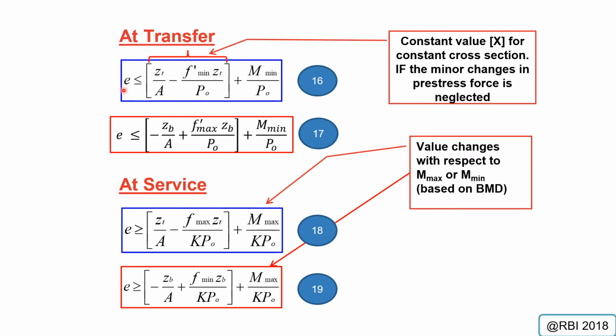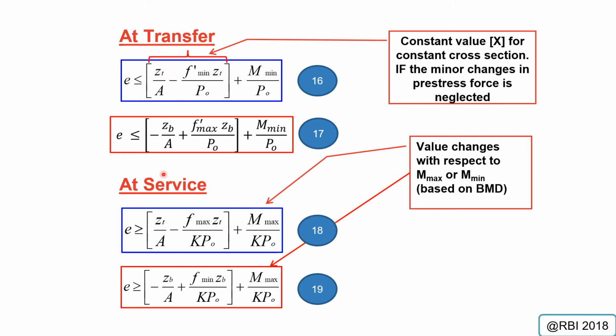So when you want to construct what we call a tendon profile, you have to rearrange the equation back. Rearrange it so that E is your main parameter: you take E to the left side, and all the other parameters you bring to the right side.